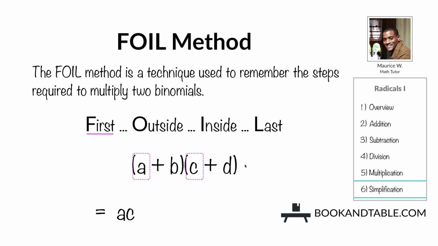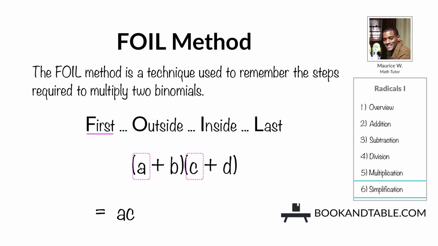The FOIL method is a technique used to remember the steps required to multiply two binomials. FOIL stands for first, outside, inside, and last. F-O-I-L, FOIL. So when you hear that, this can help direct you to which terms you should be multiplying.